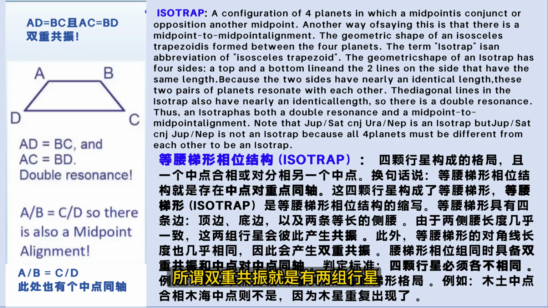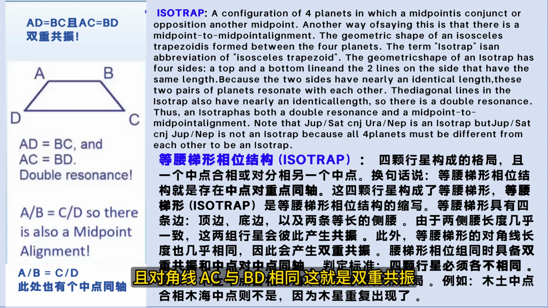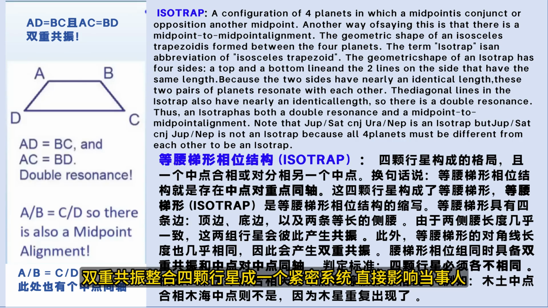By double resonance, we mean AD equals BC, and AC, the diagonal, is the same as BD. Double resonance. And that double resonance makes all 4 planets integrate together into a very tight system.